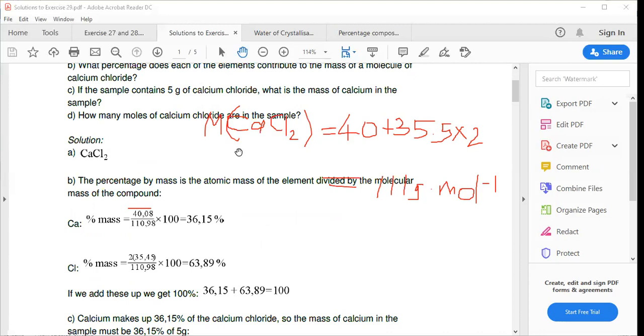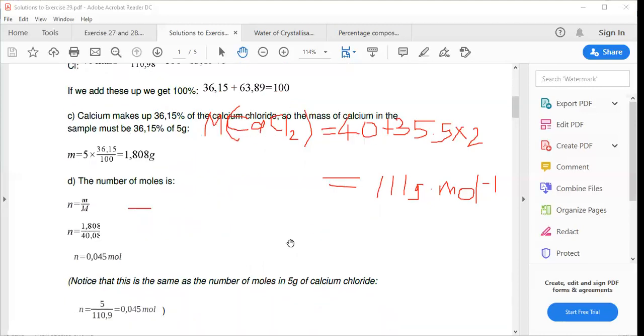Are we together? So which mass are we going to use? We're going to use that 5 there. That's the mass. Over the molar mass, what is the molar mass? For me it's going to be 111. It's mass in grams over the molar mass in grams per mole for us to get the number of moles. So it's mass divided by molar mass.